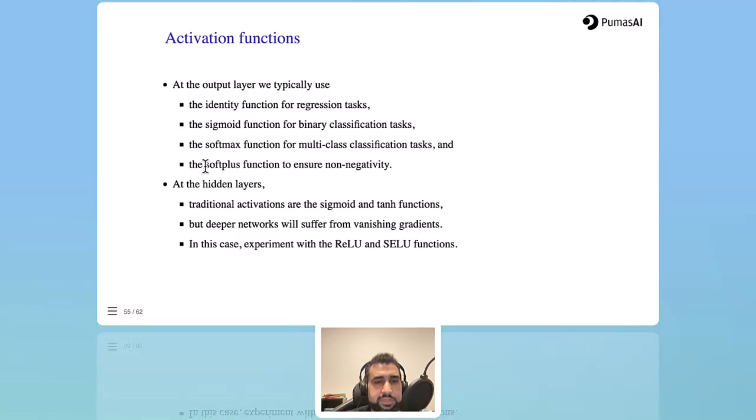And then there's the softplus function, which is a nice function that has positive numbers only as its output. Again, it takes input that's between negative infinity and positive infinity, and it outputs a number that's only non-negative. Usually it's strictly above zero, but due to underflow problems, it can sometimes be represented as zero.